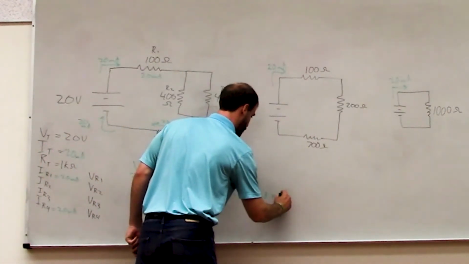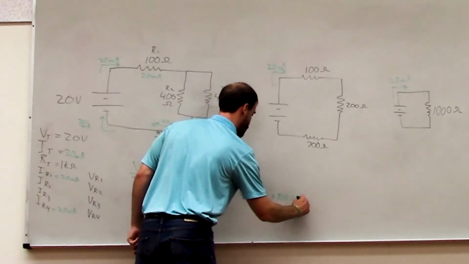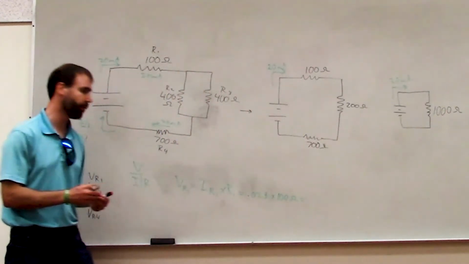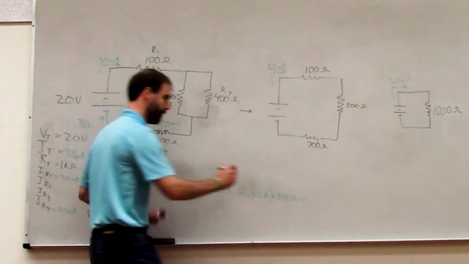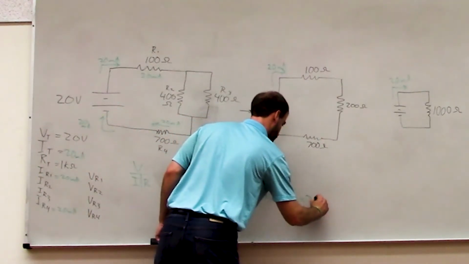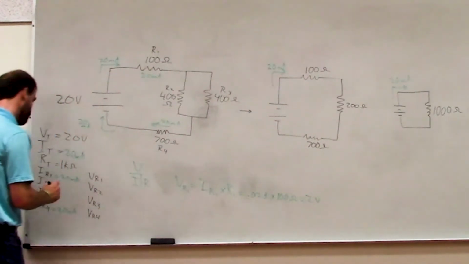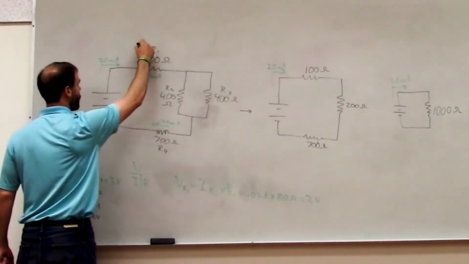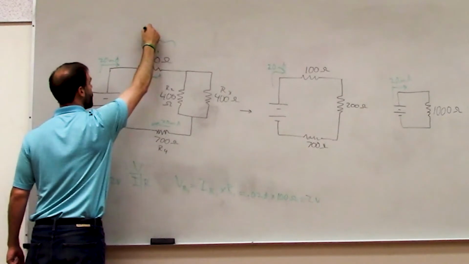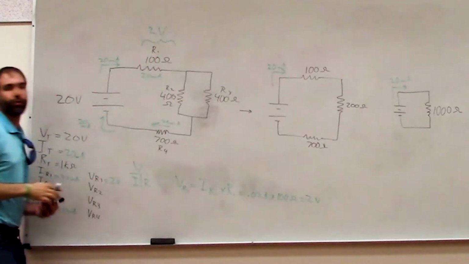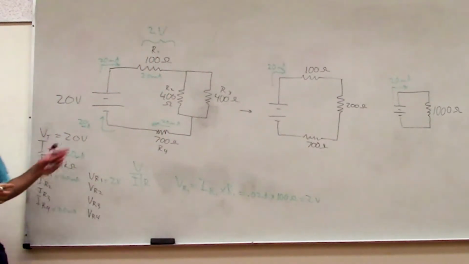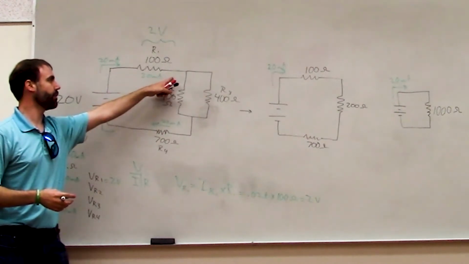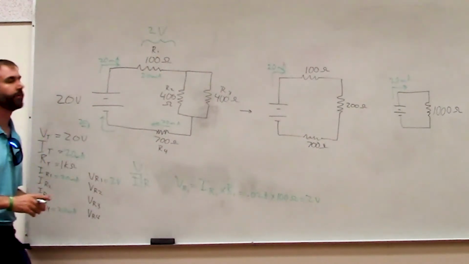So 0.02 times 100 equals how many volts? 2 volts. So we can say that there is a 2-volt drop across that resistor. The right-hand side is 2 volts lower than the left-hand side.